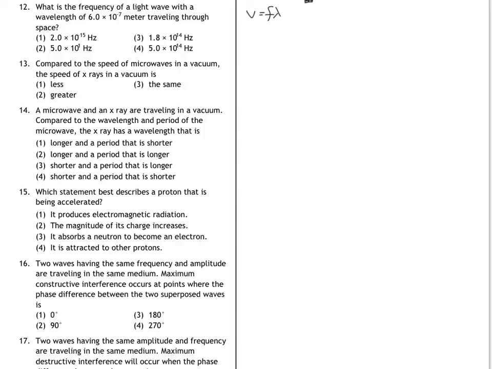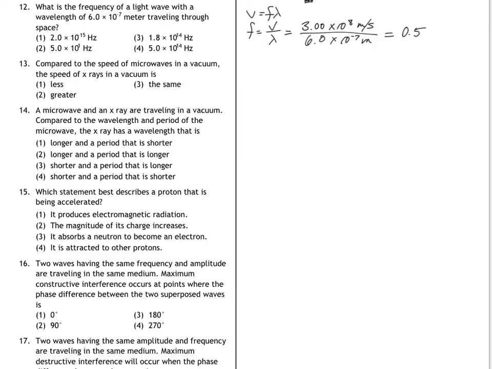Well, if v equals f lambda, then f is v over lambda. And the speed of light in space is 3 by 10 to the 8th meters per second. And the wavelength was stated in the question as 6 by 10 to the negative 7 meters. And if I just do the 3 over the 6 first, I get 0.5. And I still need to deal with the 10 to the 8 over 10 to the negative 7.